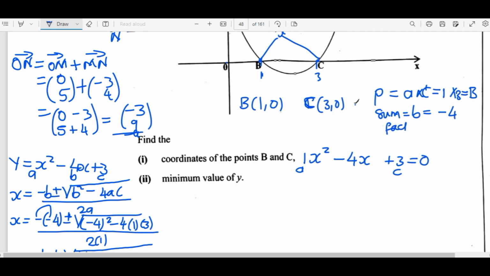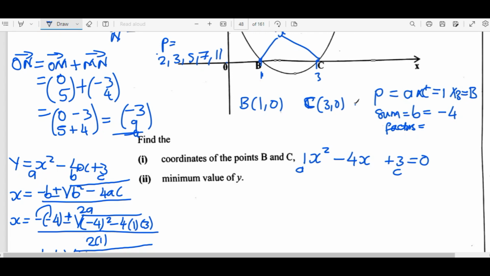Then factors. So let me give you a picture. Like if the product is a prime number, let's focus on prime numbers. So if the product is 2, 3, 5, 7, 11, if that is the case, then the factors are 1 and the number itself.